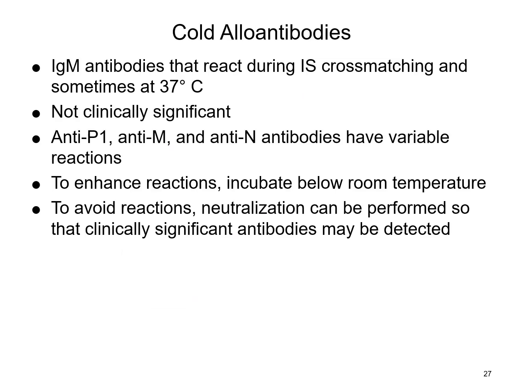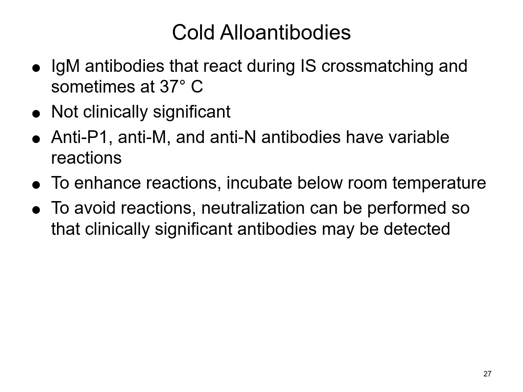Cold alloantibodies are those IgM antibodies that react at immediate spin, and occasionally you can have some that will cross over into some 37-degree reactivity and even show up in your AHG phase. Now, if they do show up in that 37-degree AHG phase, you need to honor it.